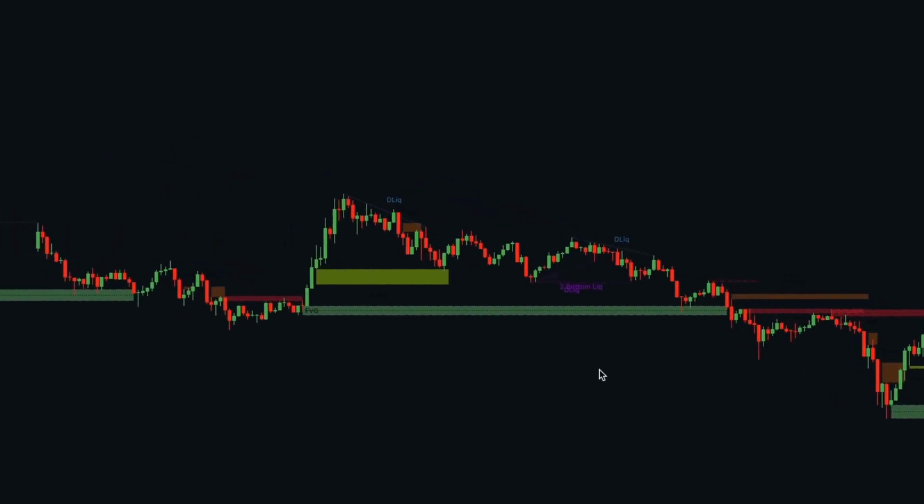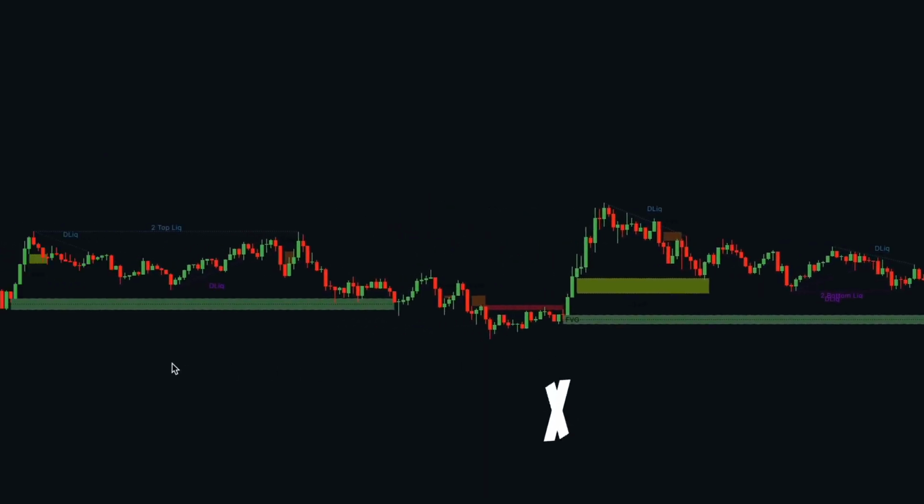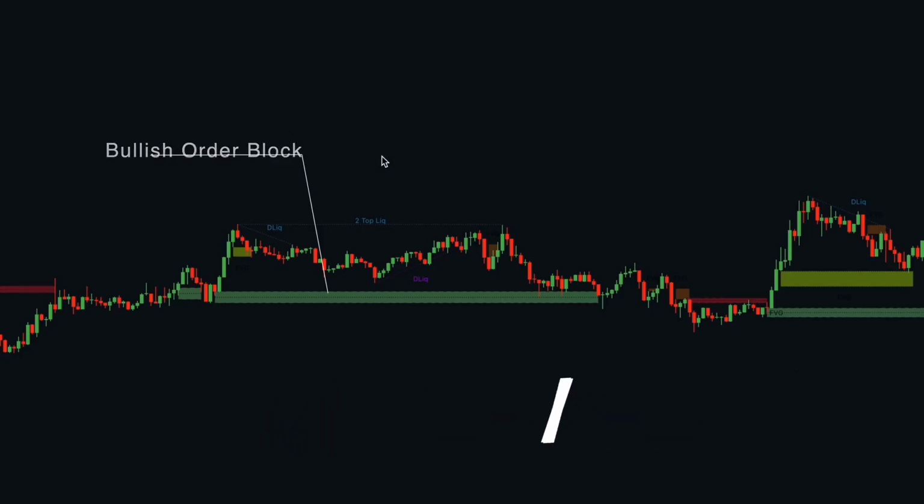Numerous concepts are discussed in this style, but the key practical concepts for trading in financial markets include order block, liquidity, and fair value gaps. Order blocks are a specific type of supply and demand zones formed when a series of orders are placed in a block. These orders could be created by banks or other major players.